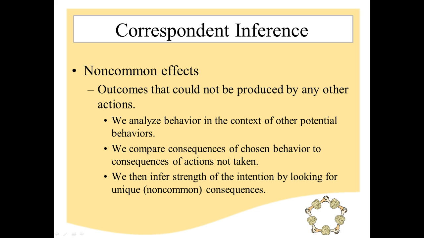What happened because the boss was being rude and demeaning to their employee? What would have happened if they had taken a different tack? If they were nice instead? And then lastly, we infer the strength of the intention by looking for unique, or in other words, non-common consequences. So what did the boss achieve in that particular circumstance by being rude and demeaning to their employee?